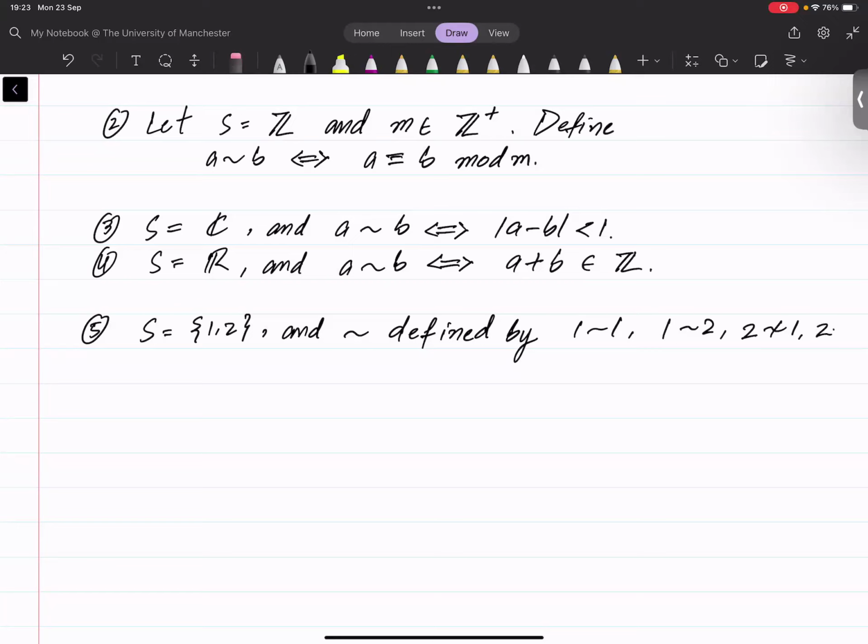This means the relation consists of elements (S, T) like this: (1, 1), (1, 2). Now (2, 1) is not an element of this relation because 2 is not related to 1, so we just write (2, 2). Perfect.